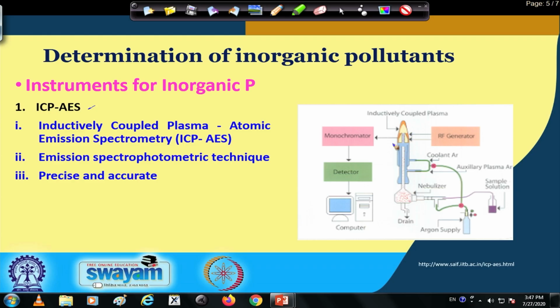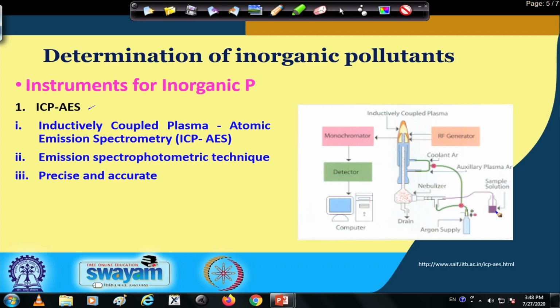There is a plasma torch, as you can see here. This plasma torch generates the inductively coupled plasma, which is the source of energy, and as a result the sample gets atomized, and the wavelength generated from these excited atoms is analyzed by the monochromator, then the detector, and further analyzed by a computer.